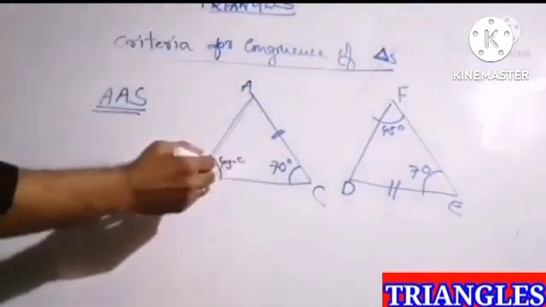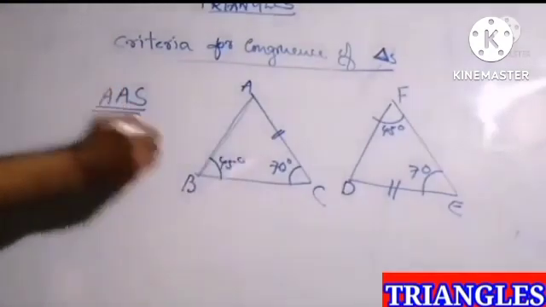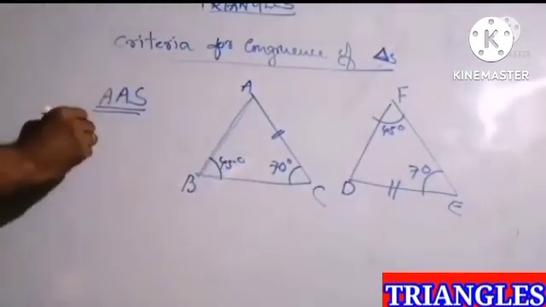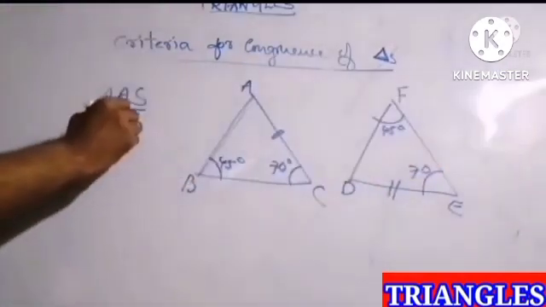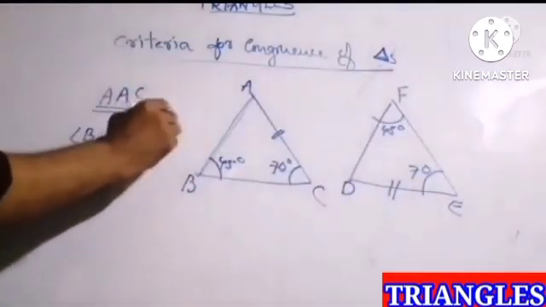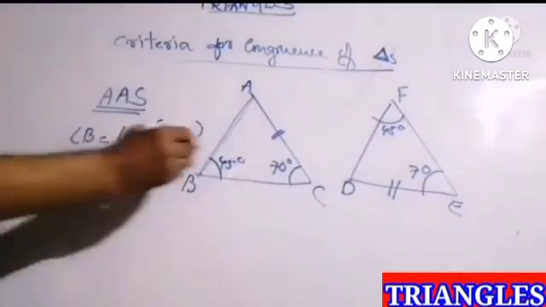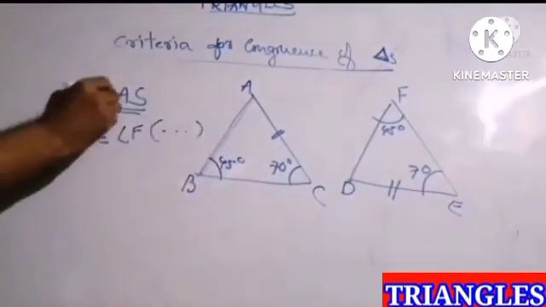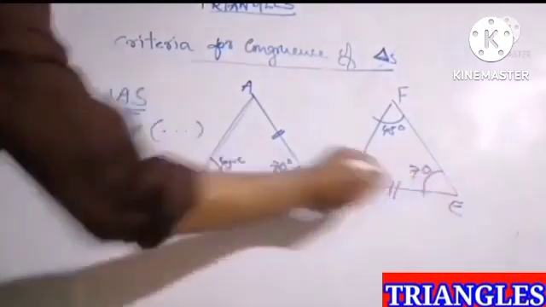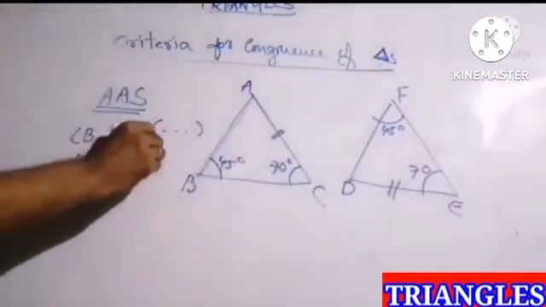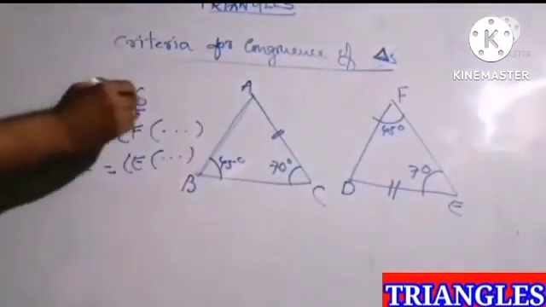Now come to the figure. Which are the angles given? Angle B equals, here which angle? Angle F, 45 degrees each. Second, angle C equals angle E, 70 degrees each. So the two angles are over.